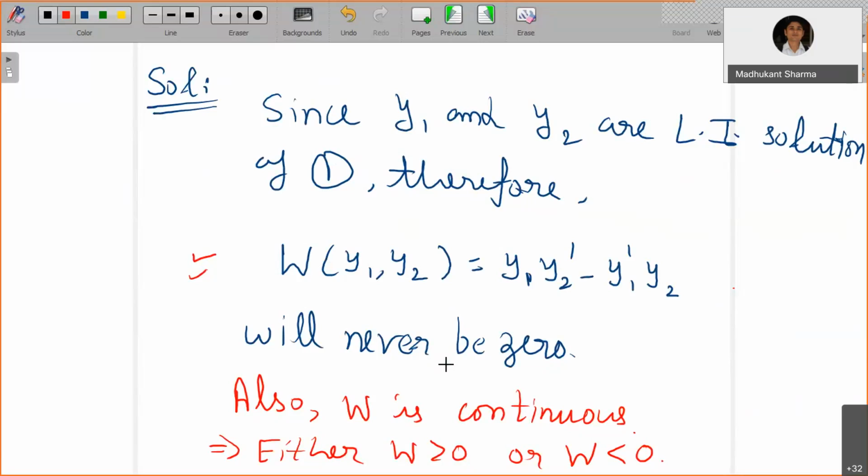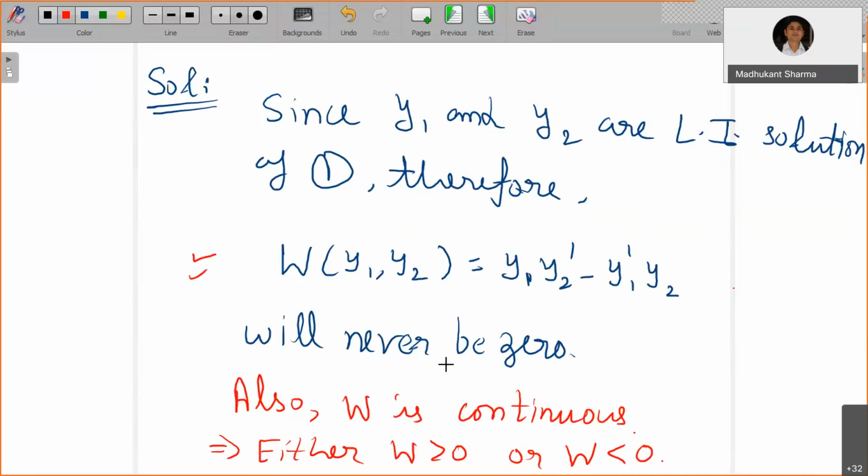So it will have a constant sign, meaning it will never change sign. Either W is positive or W is negative; it is not possible that on some interval it takes a positive value and on some interval a negative value.